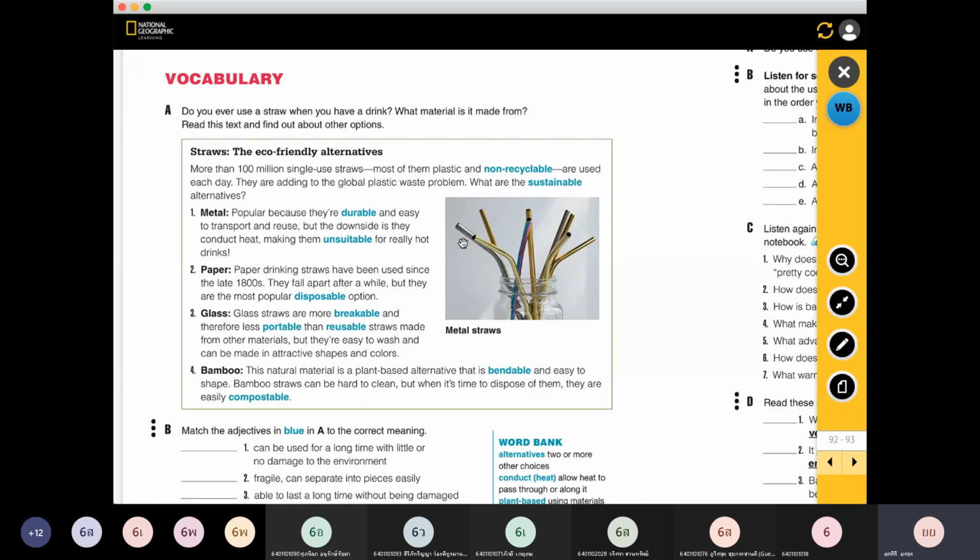And the last one is bamboo. I talk in general about bamboo, like wood. Have you ever seen any straws made of wood or bamboo?